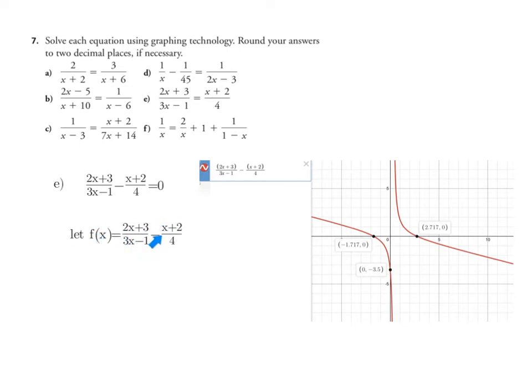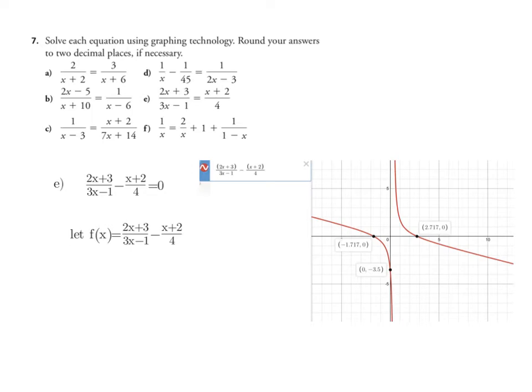When x is 0, the answer is negative 3.5. Well, negative 3.5 is less than 0. So don't confuse this as one of the zeros. The zeros are negative 1.717 approximately and 2.717 approximately. Those are the x values that make this function equal to 0.